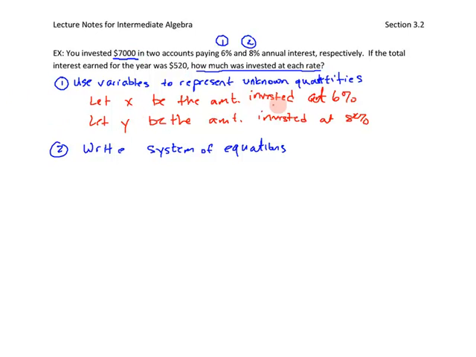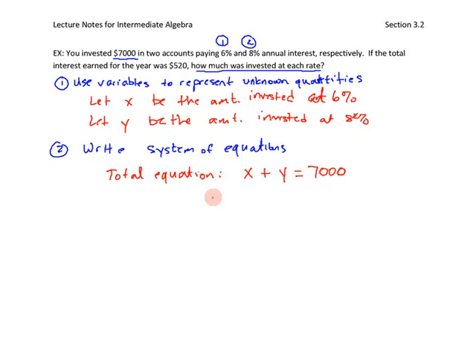If X is the amount at 6%, Y is the amount at 8%, the total amount that we have is $7,000. Now, how do you write the total? Well, you write that it is the sum of the 2 variables, right? The total equation says that X plus Y has to equal 7,000.